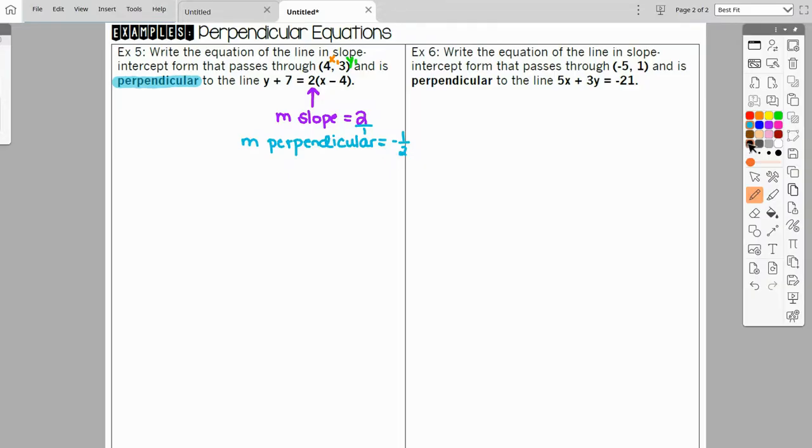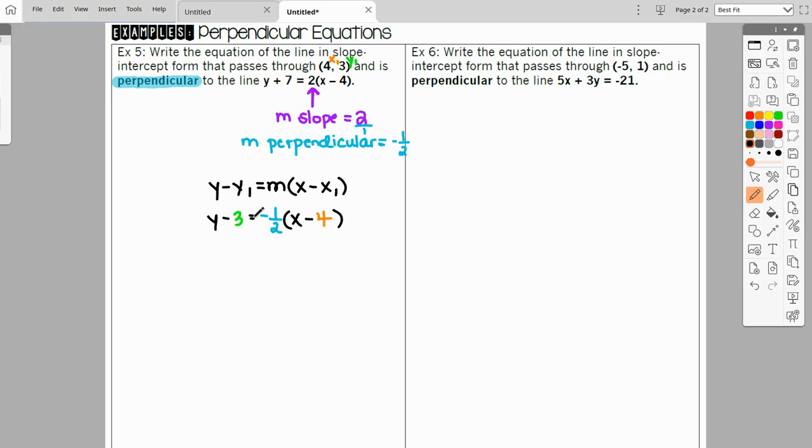I'm going to plug into my point slope form, y minus y1 equaling m parentheses x minus x1. I keep the y and I subtract my y1, which we labeled as 3 for this problem. The slope now is a negative 1/2, like I wrote above, making it perpendicular, in front of the parentheses of x subtracted by x1, which is 4.